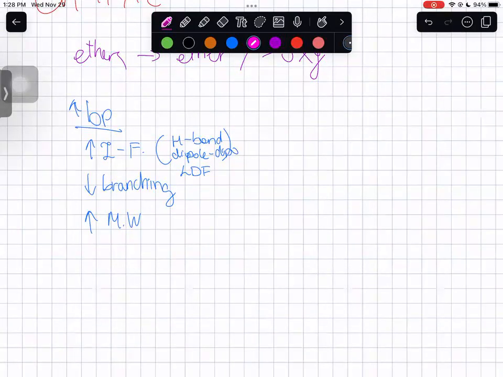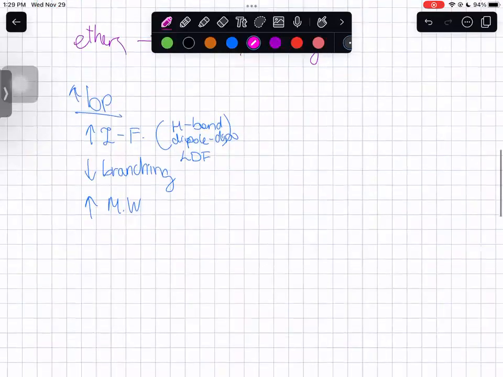How do we name crown ethers? It was number, crown, another number, ether.